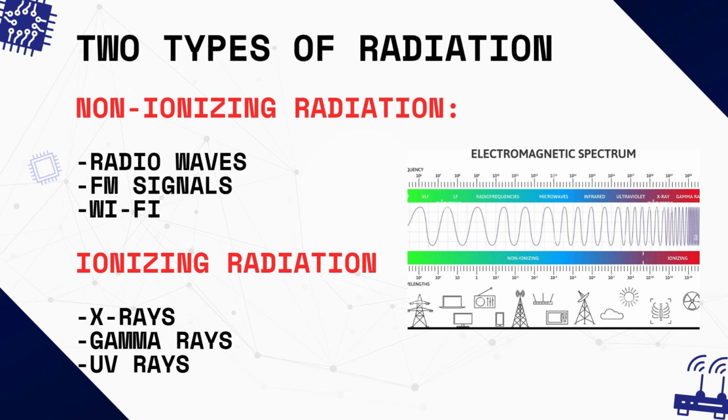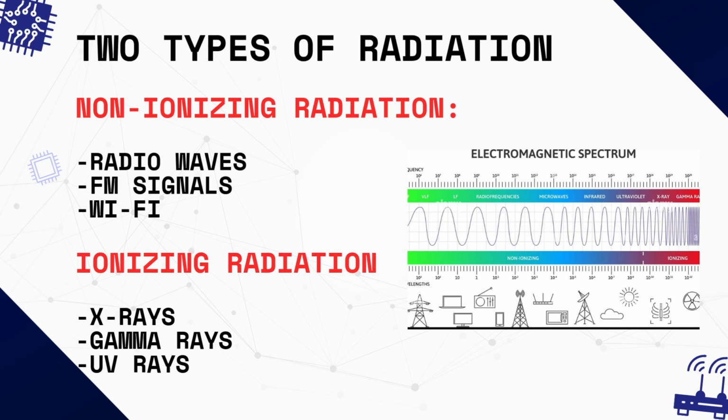We have two types of radiation. Radiation is divided into two main categories: non-ionizing radiation and ionizing radiation. Non-ionizing radiation includes radio waves, FM signals, Wi-Fi, Bluetooth, and microwave communication. These waves carry very low energy.